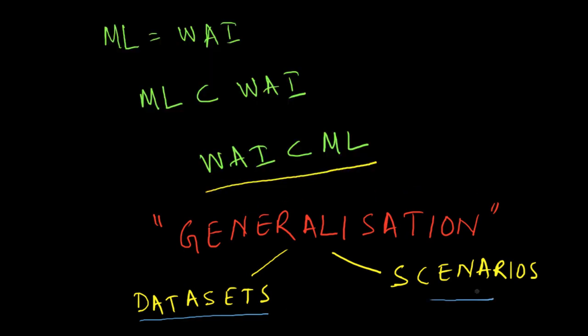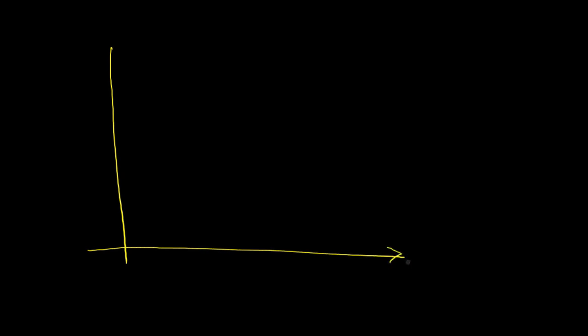Now, without getting into too many details, let's try to understand how this generalization over dataset actually works. Again, let's say that we have some x-axis and some y-axis, and we have some data points that have been given to us, which have come from some kind of measurement that someone did.